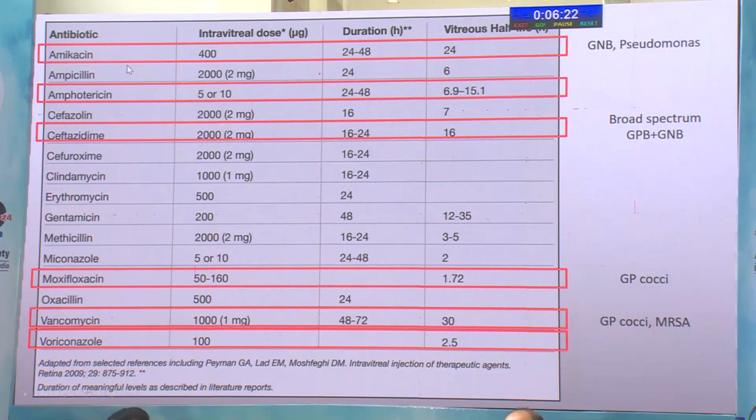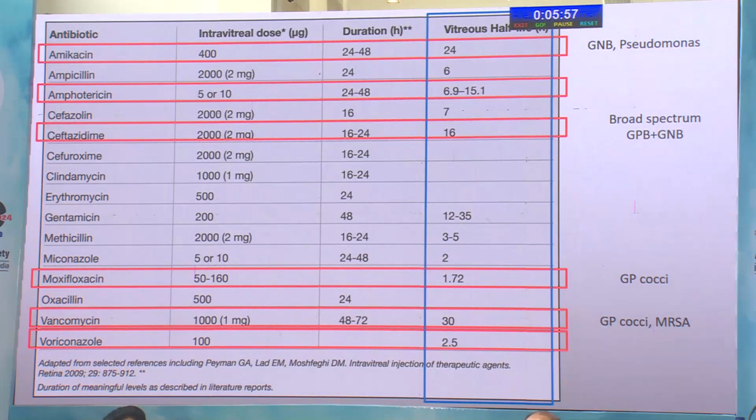Amikacin, you can see the intravitreal doses here and what they are usually active against. So amikacin would be the preference for gram-negative and Pseudomonas. Ceftazidime, which we use in the empirical regimen, is a broad spectrum for both gram-positive and gram-negative, and vancomycin for gram-positive cocci and even in MRSA, resistant staph.